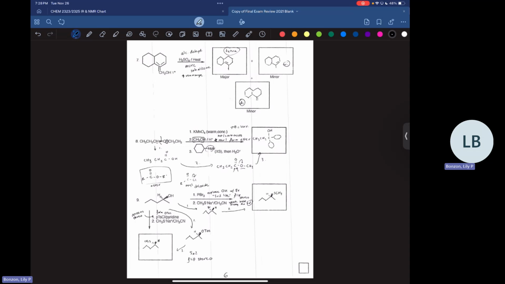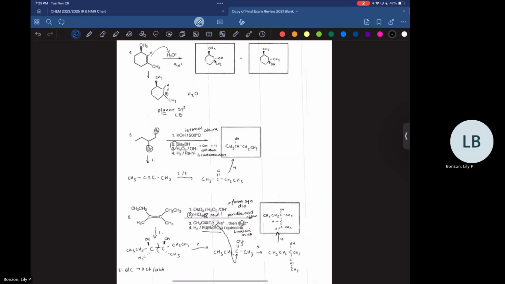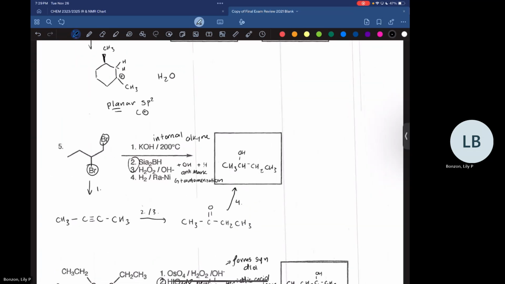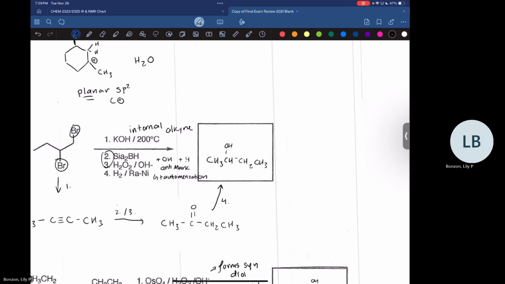Any questions on the reaction section? Okay. It'll make an aldehyde if there's a terminal alkyne.